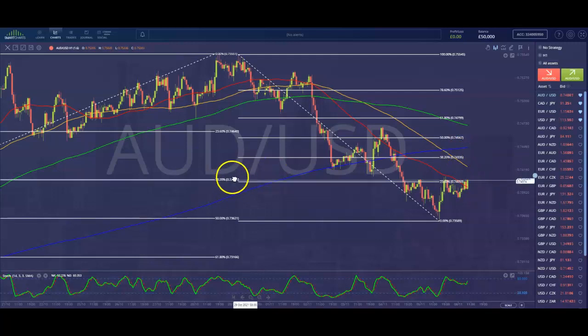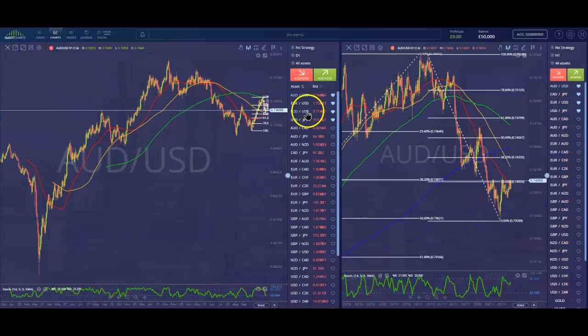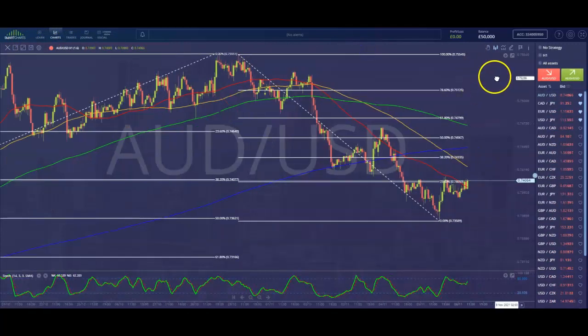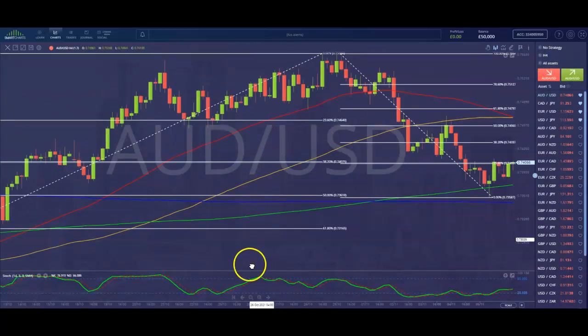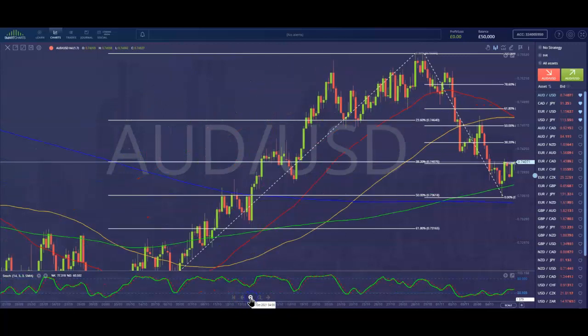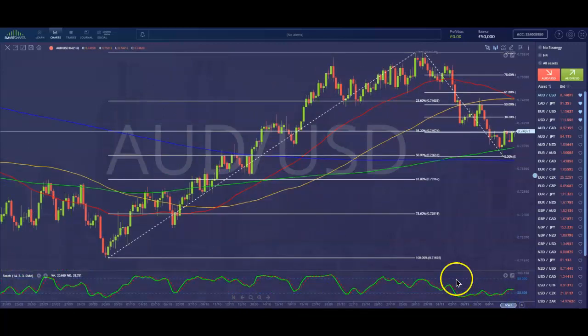Even the longest term set of fibs that I've put on the daily chart are also adding weight to those levels. So actually, I can just put this on the 4-hour chart. I think that would be clearer. 4-hour chart. Okay, there we go. So if I scale that, there we go.